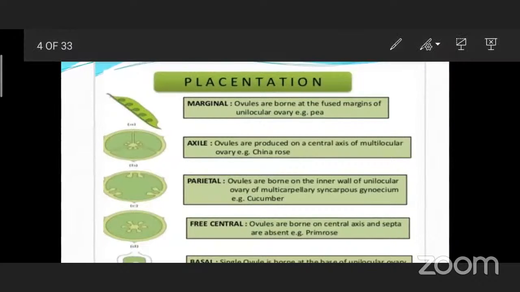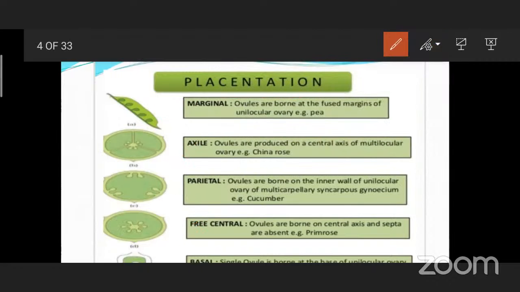See, this is placentation. Inside the ovary, ovules are present. With the help of placentation, ovules are attached to the ovary. Different types of placentation are there: first marginal, second axial, third parietal, fourth free central, fifth basal.